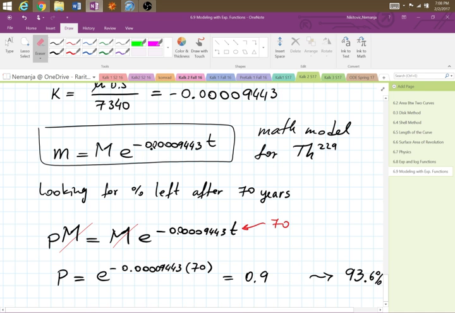Nice. All of it is there. Well, that decayed 70 years, lost 0.7% in the thorium deposits. That's how insignificant we are.